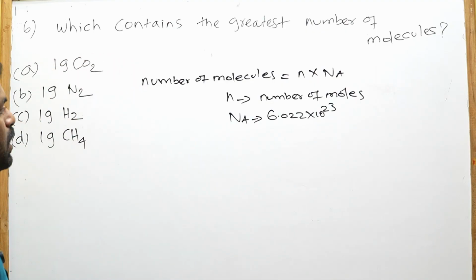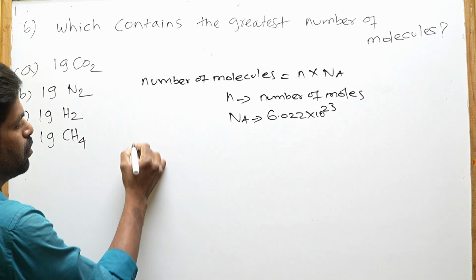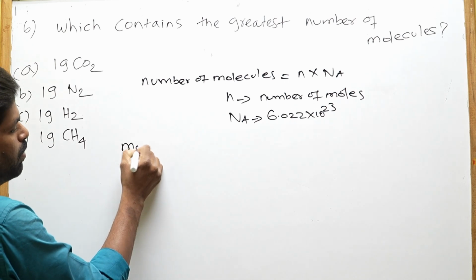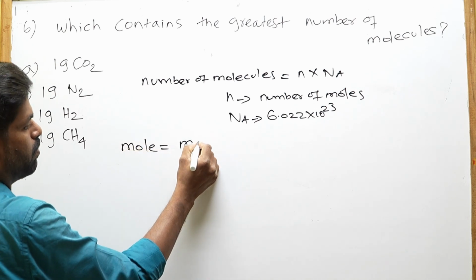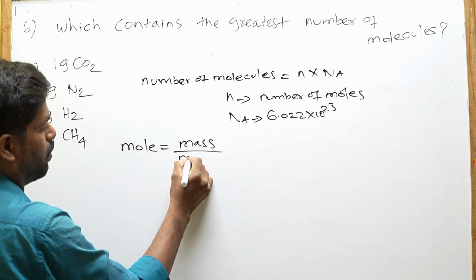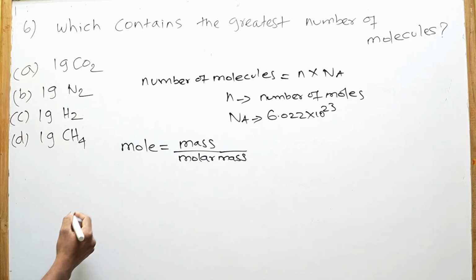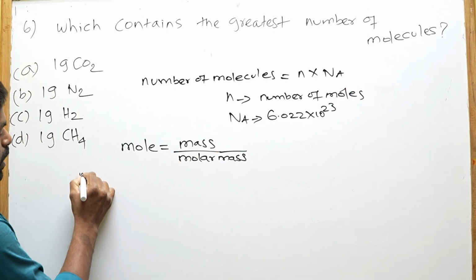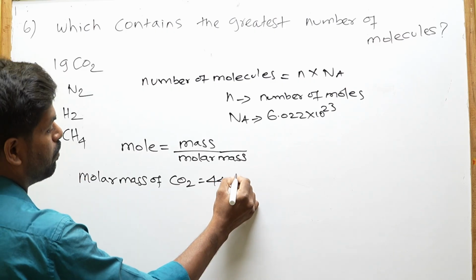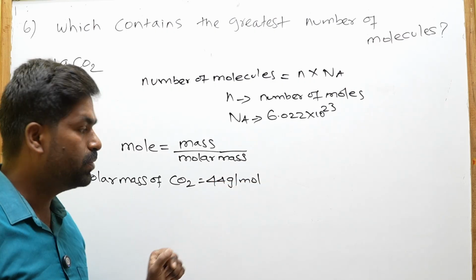Now let's find the number of moles for each case. Before that, we need the formula for mole: number of moles equals given mass by molar mass. For the first case, the molar mass of carbon dioxide is 44 gram per mole. How do I find this value? Listen carefully.